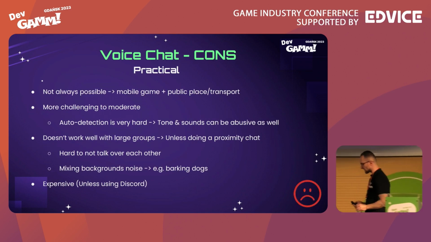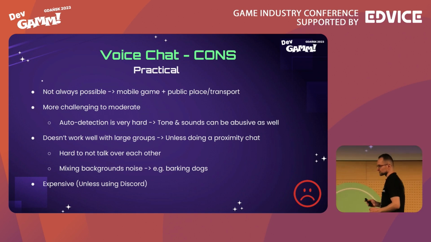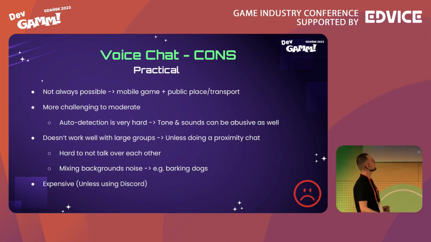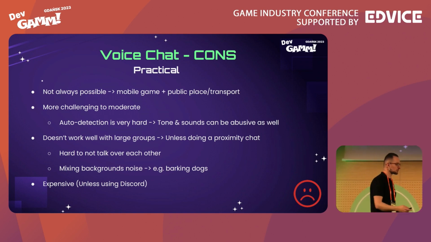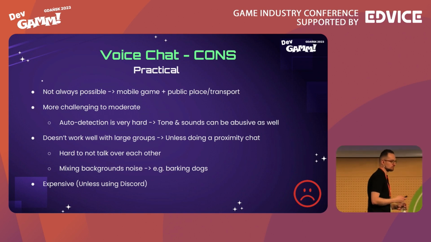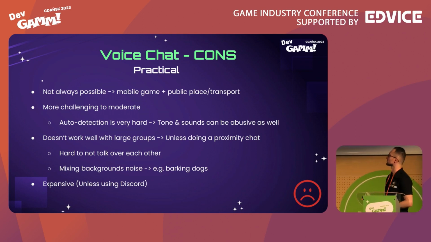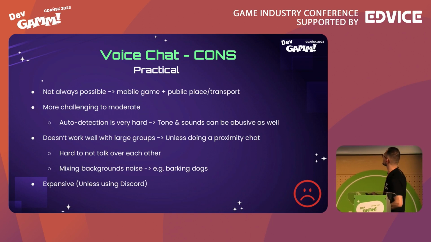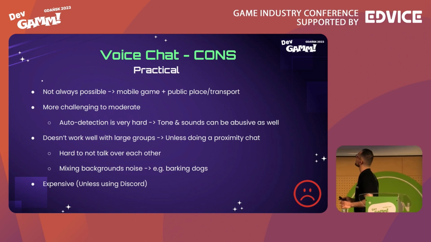But it's important to understand that there are no perfect solutions. Each solution is always a trade-off, and it's important to understand both the positive aspects and also the negative aspects so that you can pick the solution that works best for you. So first of all, voice communication is not always possible.